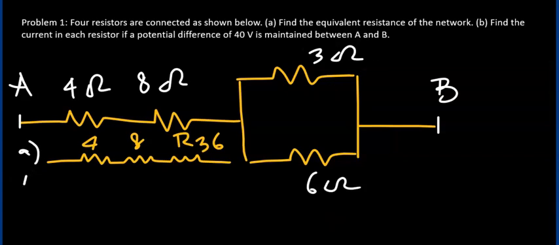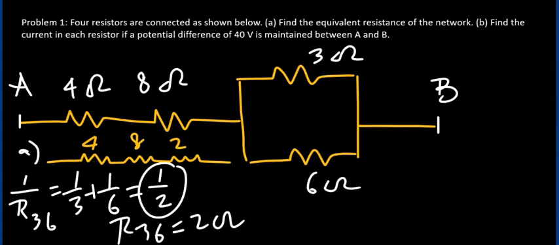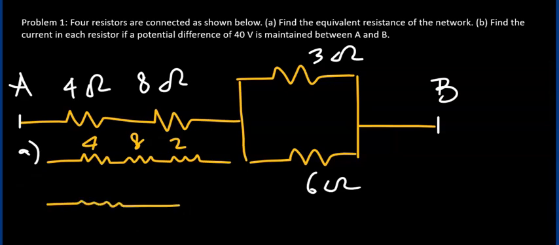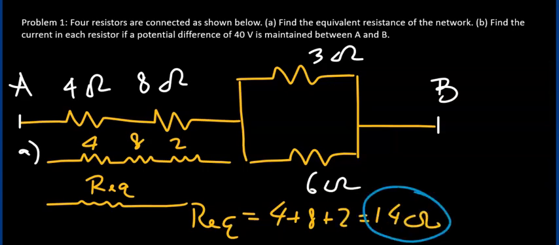Now we know how to compute R36. 1 over R36 is quite simply 1 over 3 plus 1 over 6, and that's half. So that means R36 is 2 ohms. Now to combine these 3 resistors in series into one is easy. So R equivalent of the entire circuit is just 4 plus 8 plus 2, which is 14 ohms. And that's the answer for part A.